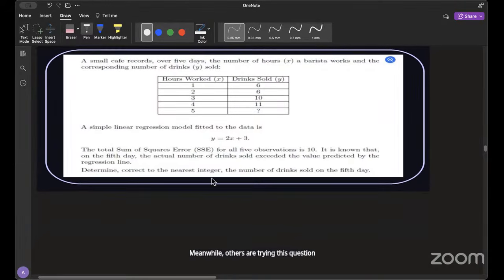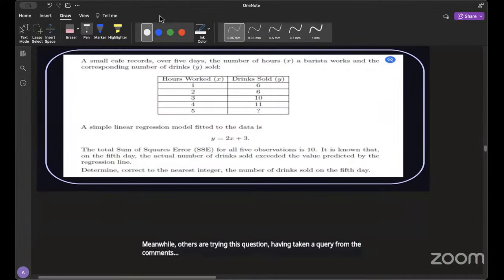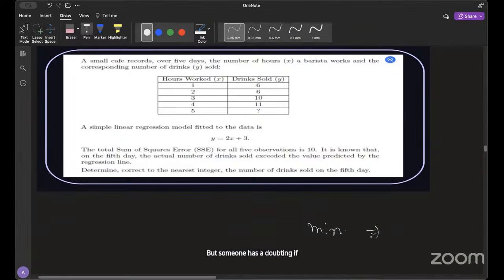I'm taking a query from the chat box. Someone has a doubt if m is to n is the same as k is to 1. It's not k is to 1, where your k is m by n. This is the same as m by n is to 1.